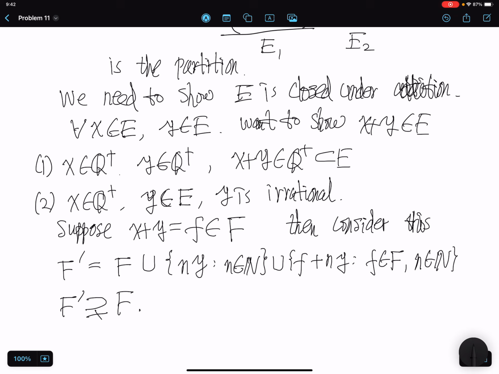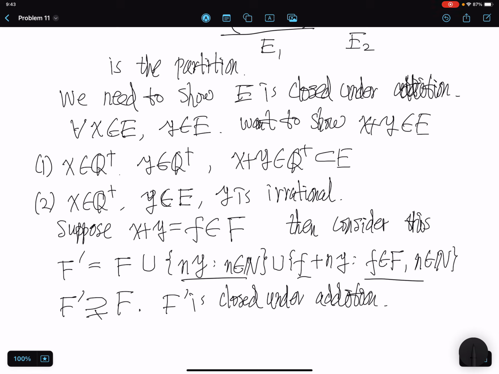But then it is also closed under addition, with all the multiples together. So F prime is closed under addition.